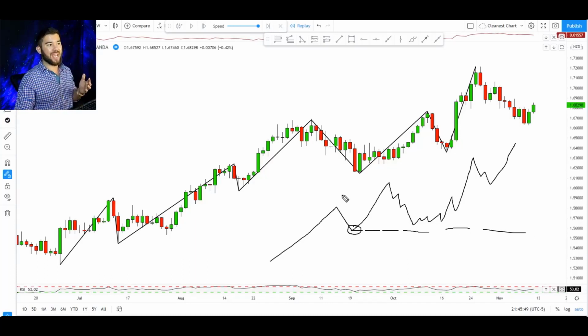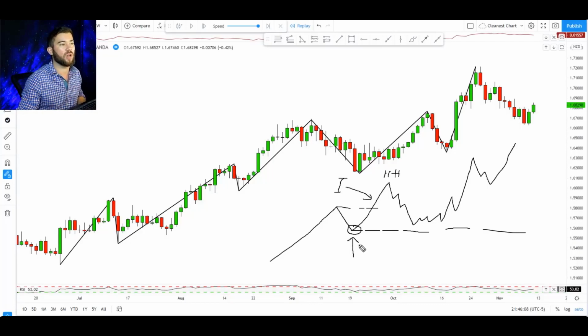So once we have this move that breaks and closes above our previous high, we call that our what? Impulsive move. Once we have that impulsive move breaking into new higher highs, which is what we're looking for in an uptrend, this market is still considered in an uptrend until we break or close below the lowest low of the previous pullback.